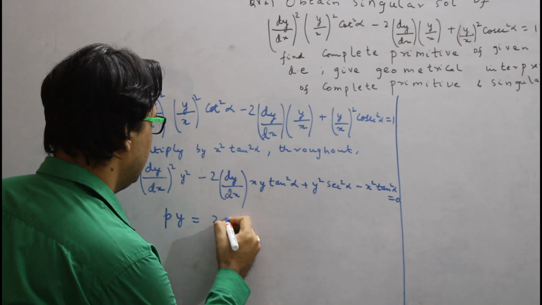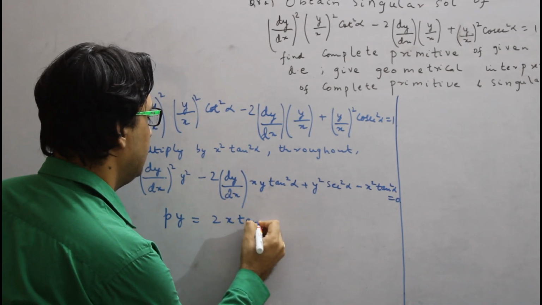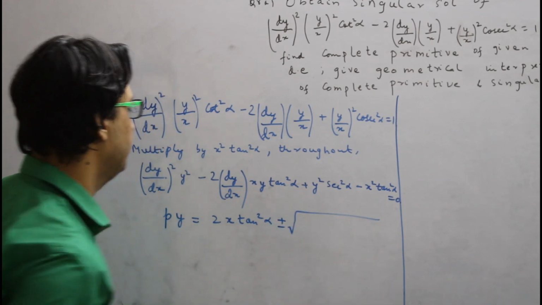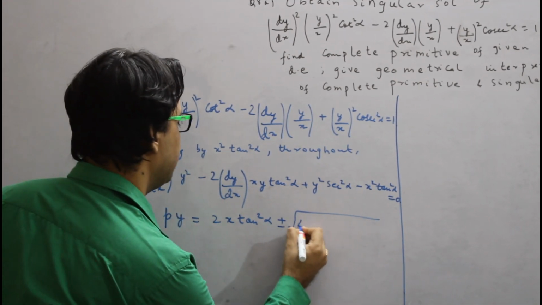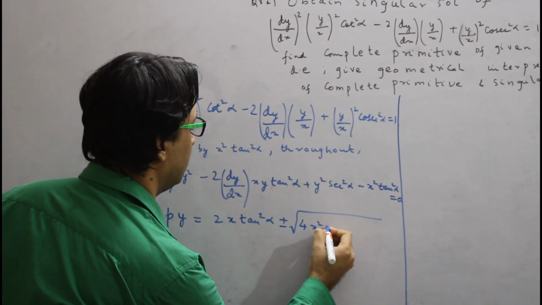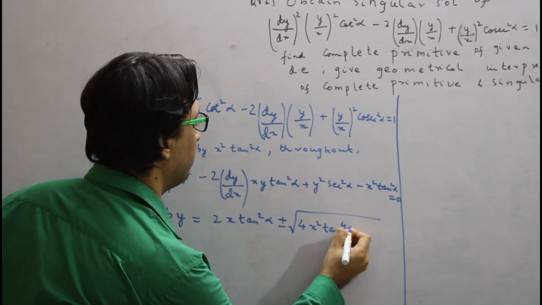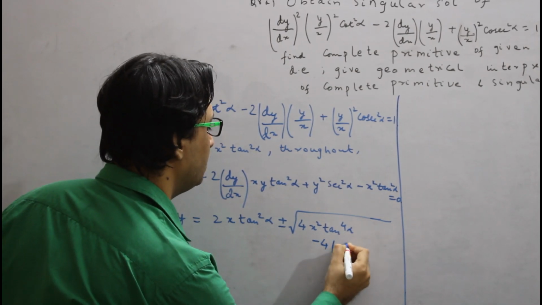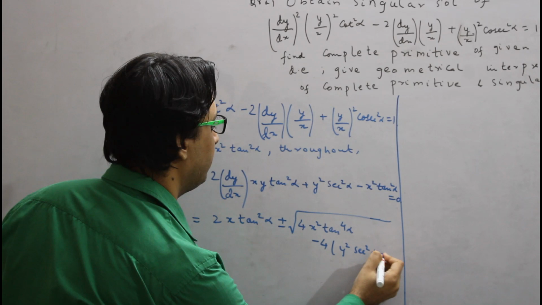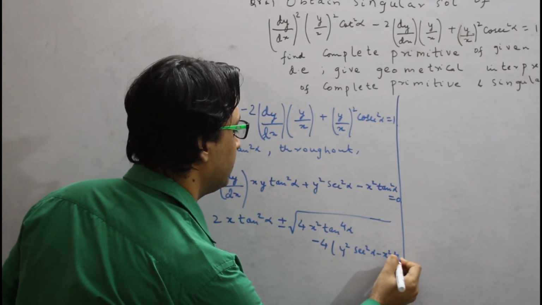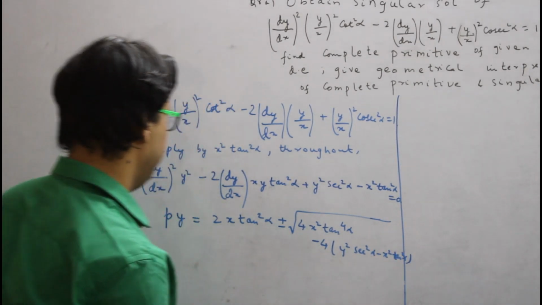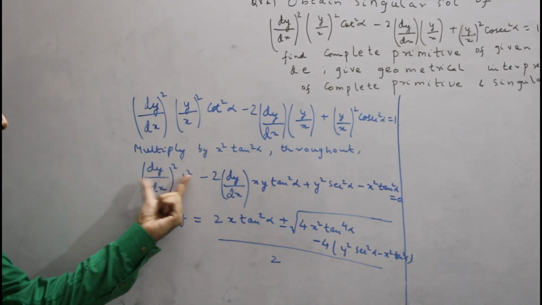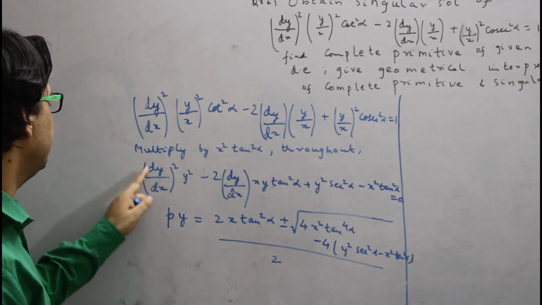So we can write this as py = [2x tan²α ± √(the square of this one)]/2. The square of this one is 4x² tan⁴α − 4(y² sec²α − x² tan²α), divided by 2, because we have already factored this in, and where p is dy/dx.